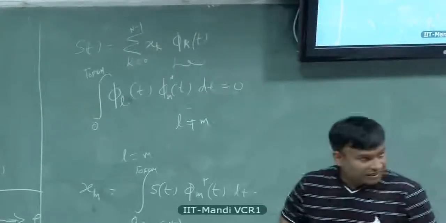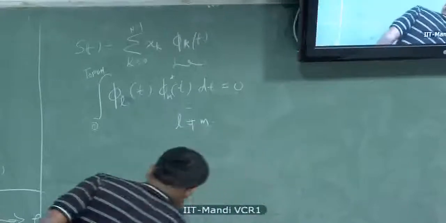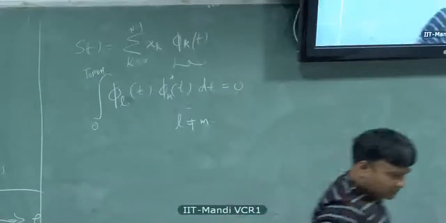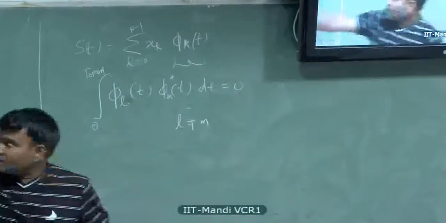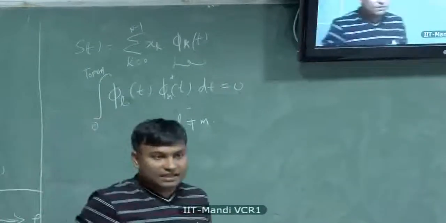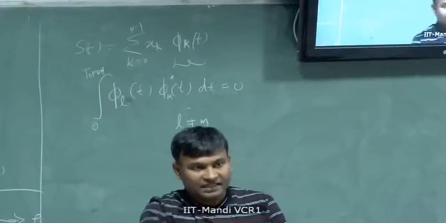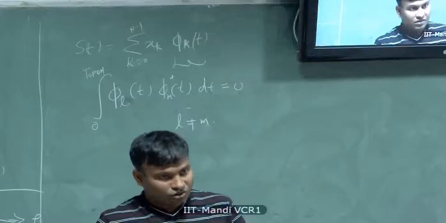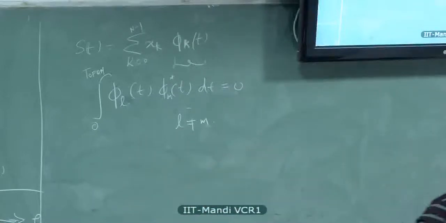We'll develop our receiver in a moment. So, the question here is, these basis functions, you have to choose them such that they are orthogonal. That is, one multiplied with the other and integrated goes to 0 if they are different waveforms.